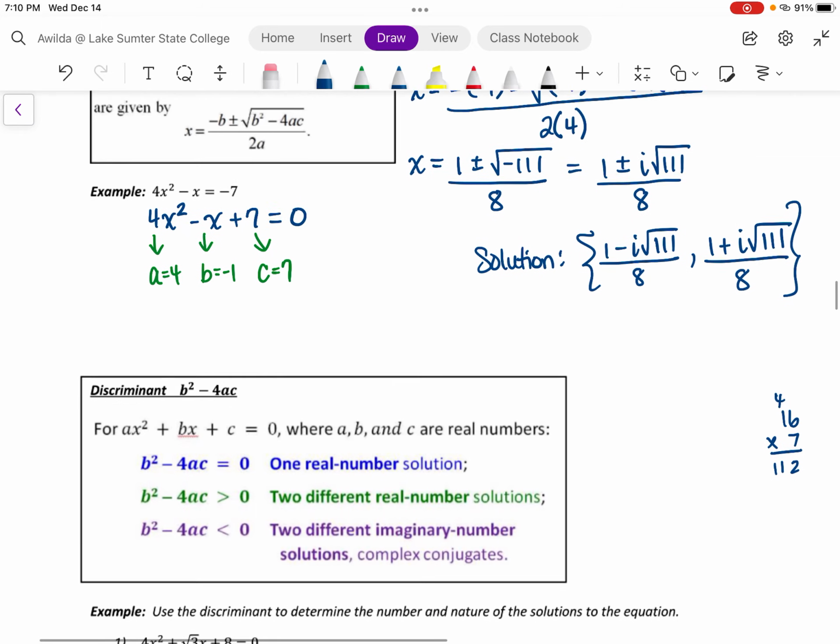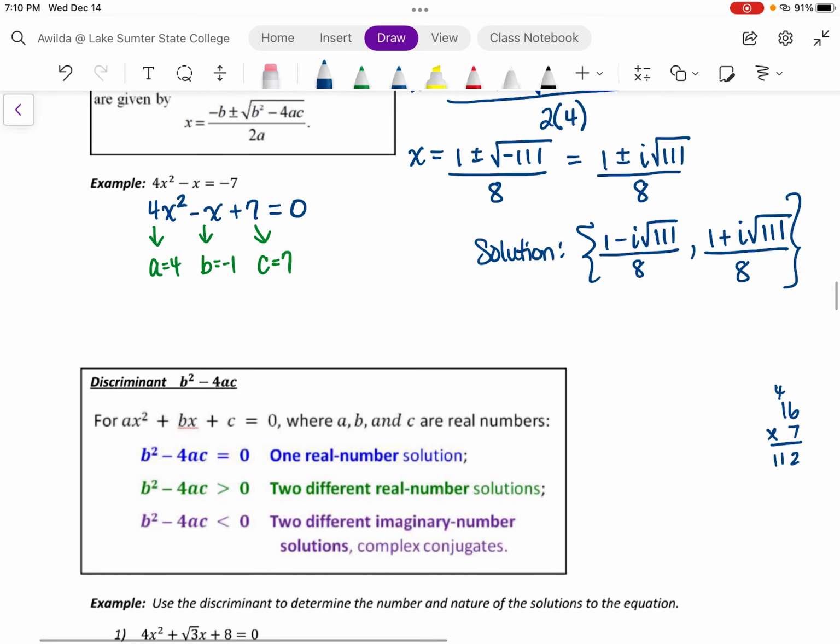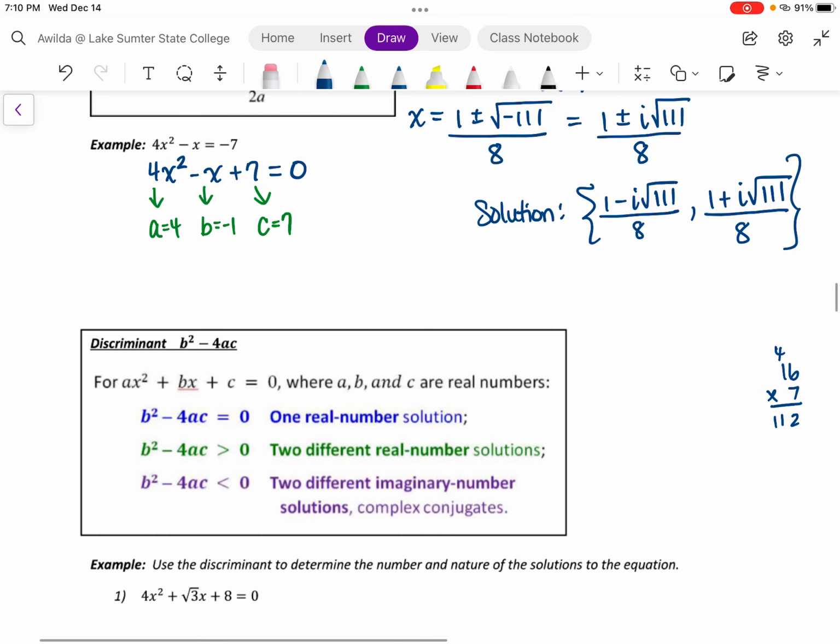The last part of our discussion in this section is to talk about the discriminant. The discriminant is that quantity underneath the radical symbol, b squared minus 4 times a times c. When the discriminant is equal to 0, we will end up with only one real number solution to our quadratic equation.